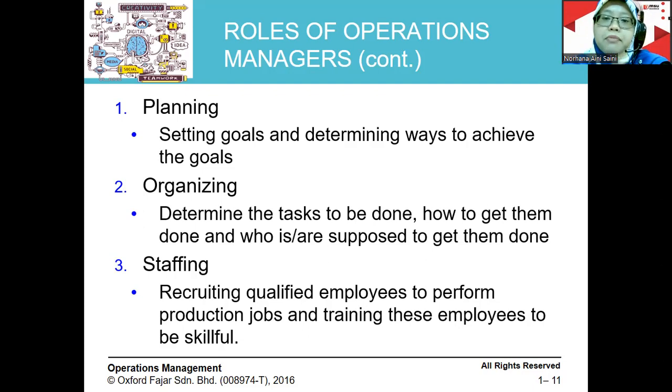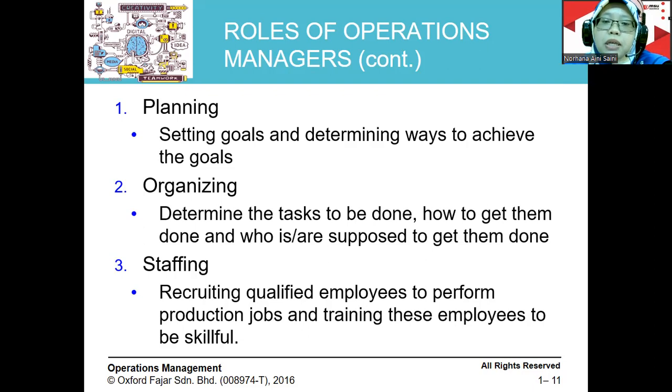Next we have the staffing. Staffing means recruiting qualified employees to perform production jobs and training these employees to be skillful. Remember that one of the elements is input, which includes the employees. Human resource is very important, because when we have operation management, we must have somebody to perform the job.